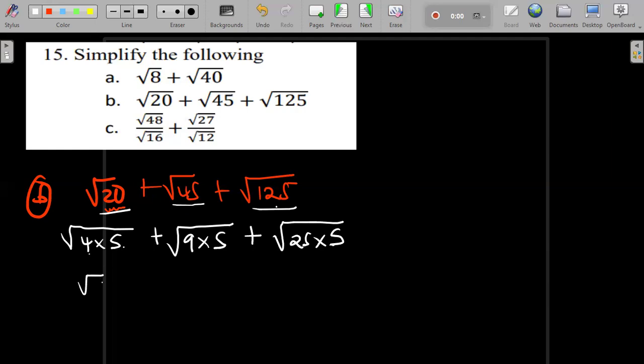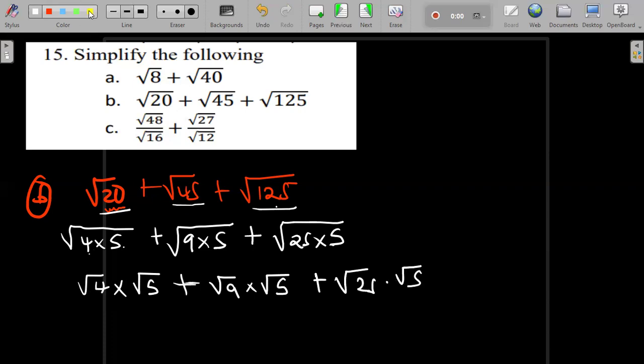So it will be the square root of 4 multiplied by the square root of 5, and then plus the square root of 9 multiplied by the square root of 5, and then plus the square root of 25 multiplied by the square root of 5.